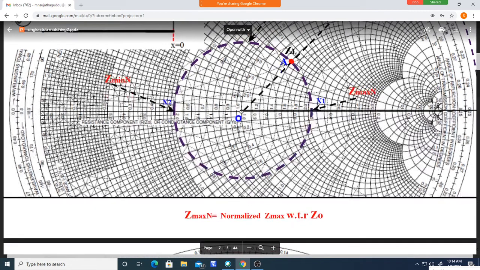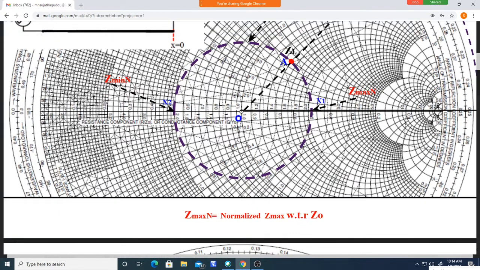At some distance, you can see the real part of the impedance becomes 1. The impedance at this position is 1 plus some X value, maybe 0.2 or 0.3. So R value is 1, X value is something, so the real part is 50 ohm, but the reactance takes some value, minus X.